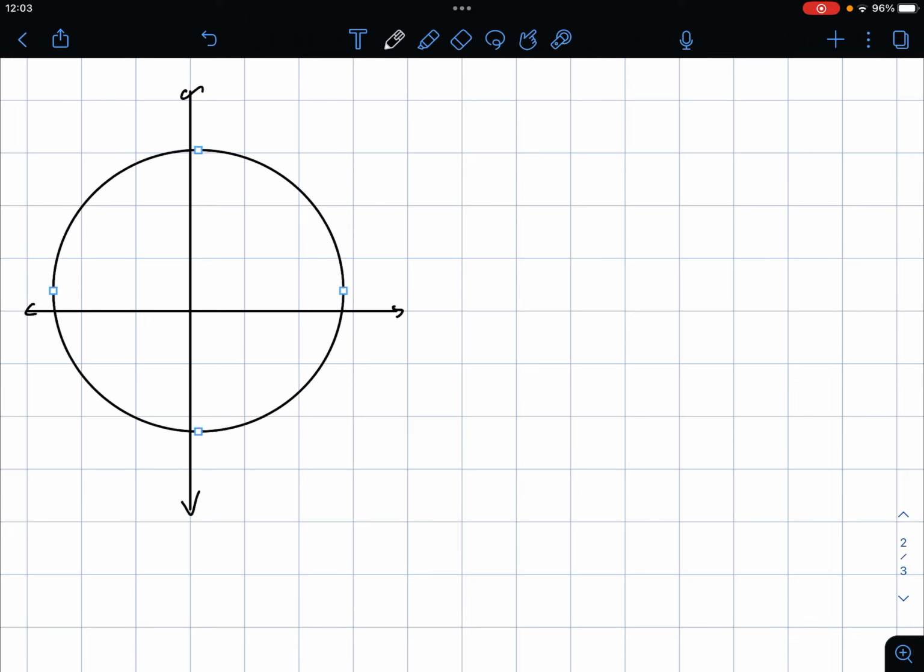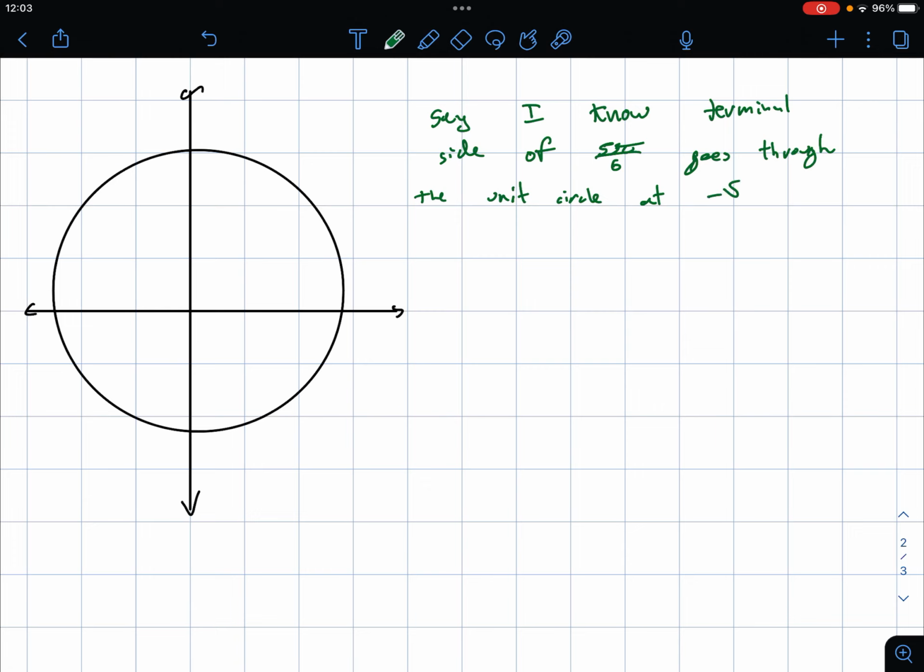Let's say I know the terminal side of the angle 5 pi over 6 goes through the unit circle at the point -√3 over 2, 1/2. Now, how do I know that? Well, you'll learn that very soon.